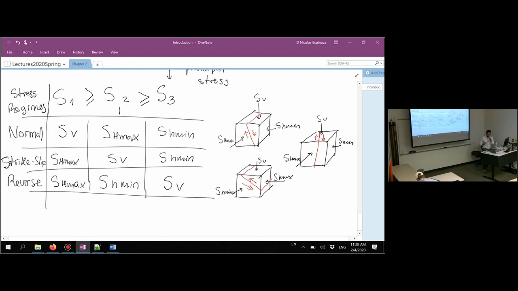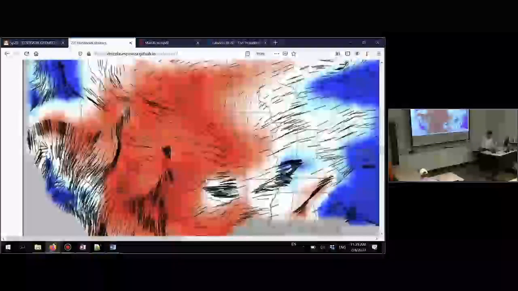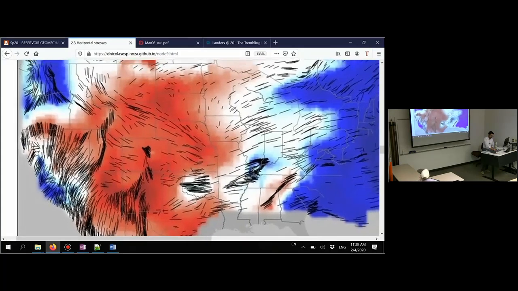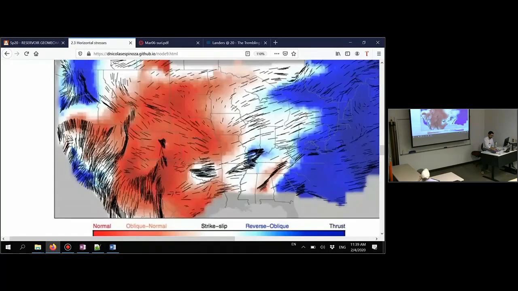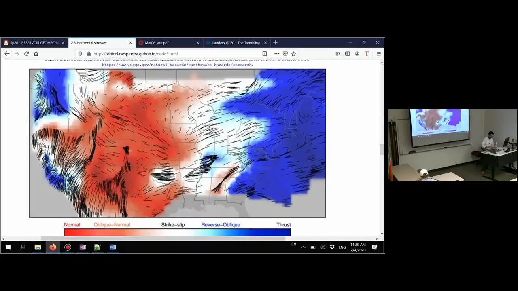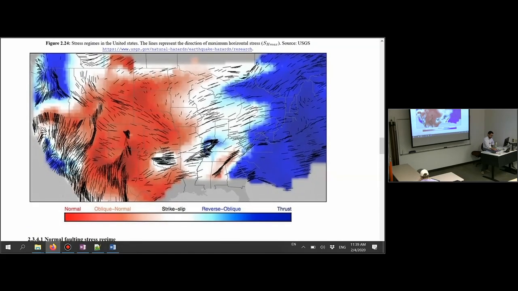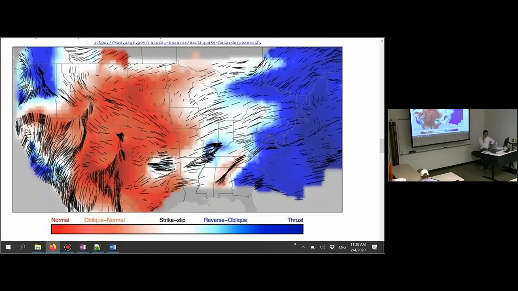Let's see how this varies in the US, and then we'll come back to an application. Here you have a map that shows what is the stress environment and what is the orientation of the maximum horizontal stress in the lower 48 United States.